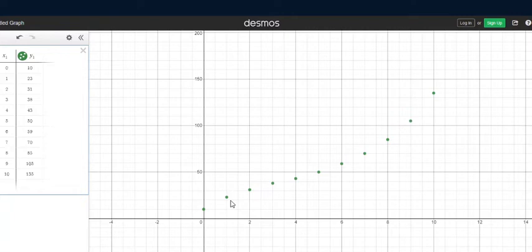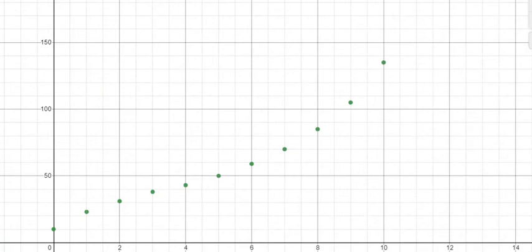Right? My ends seem to be going in opposite directions, right? Down over here on the left to up on the right. So since my end behavior is in opposite directions, I'm thinking I probably want to use an odd degree polynomial. And as I said, for our purposes, we'll never go bigger than 3. So I'm going to say end behavior in opposite directions, so use an odd degree.